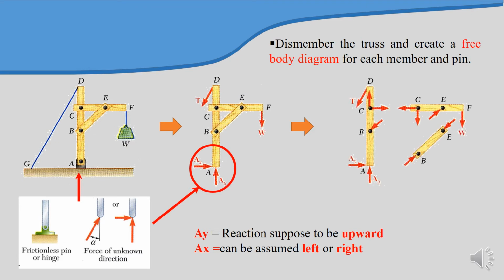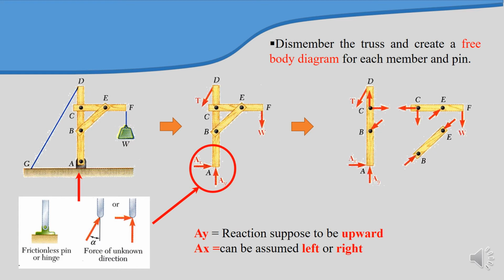So when we see the structure is something like this, the first thing we need to do is to dismember or disassemble the truss and create a free body diagram for each member and pin.